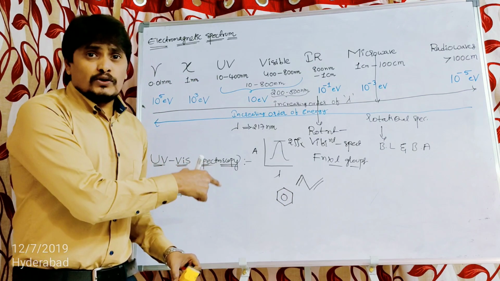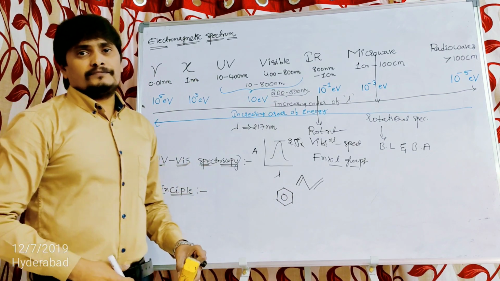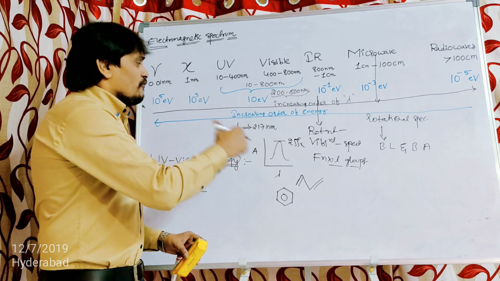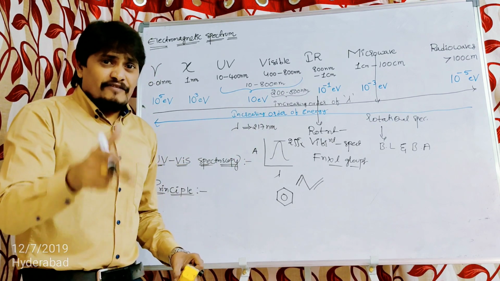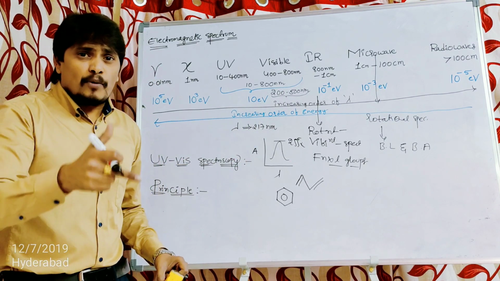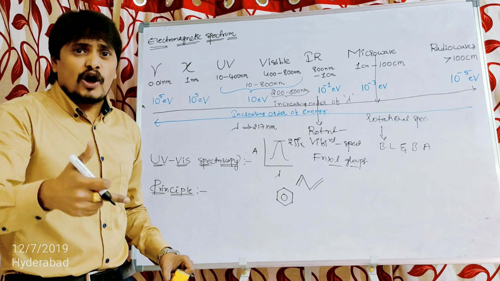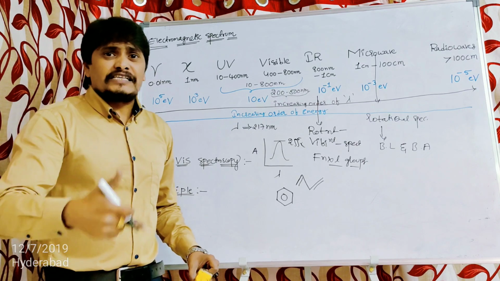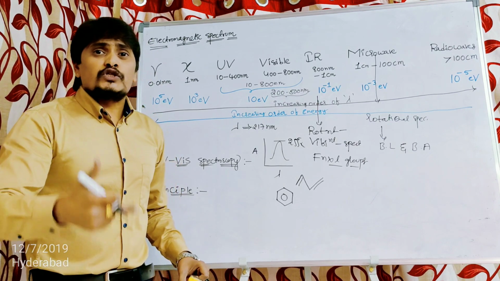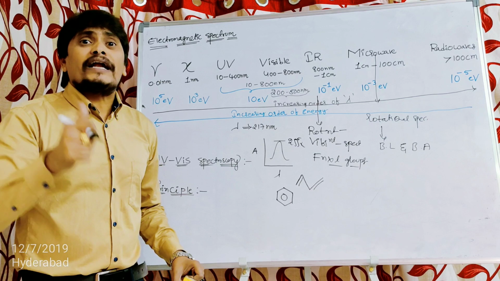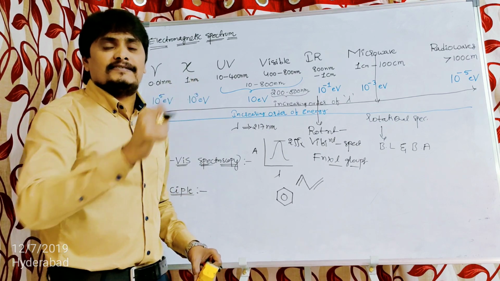Students, so benzene is also an unsaturated molecule. Now, UV visible spectroscopy gives information about the number of double bonds present in the molecule. Not only that, it also gives information about what exactly the molecule is.